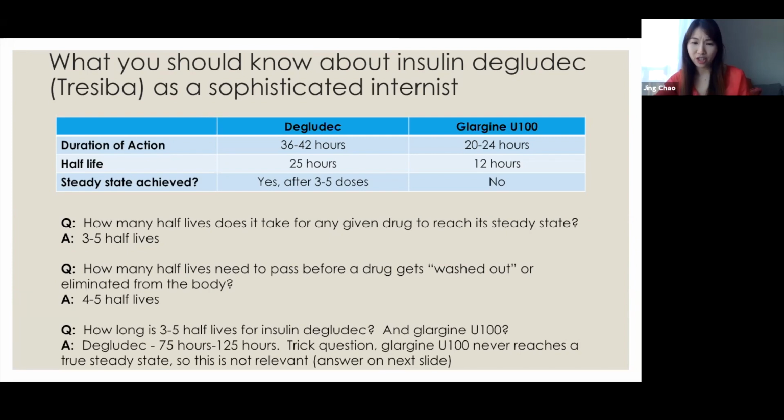This is a trick question about Glargine U100. And the reason it's a trick question is that Glargine U100 never reaches a true steady state. Each time you give the dose, a dose comes off in the expected time period without any issue.